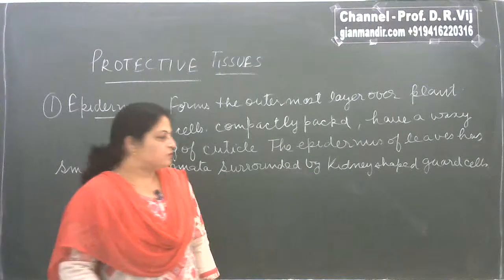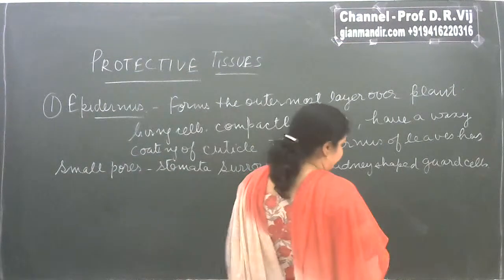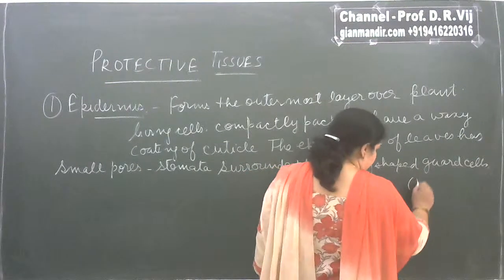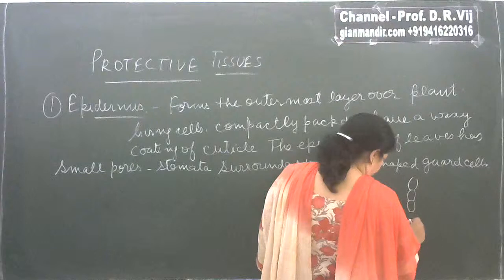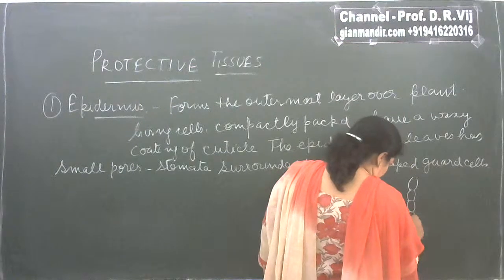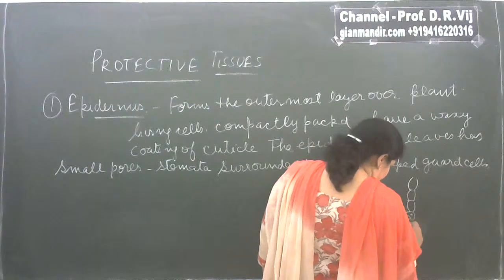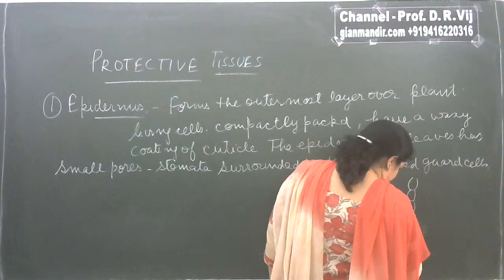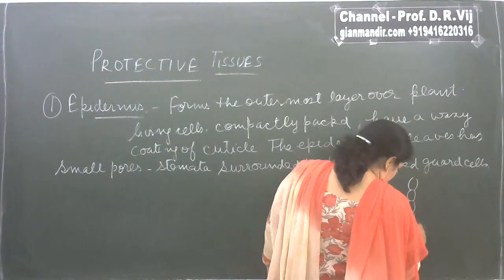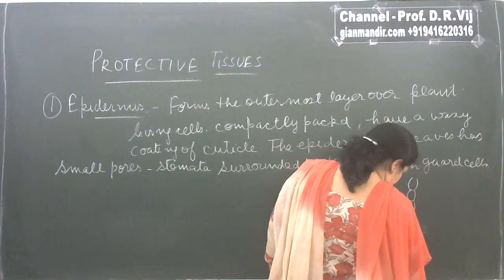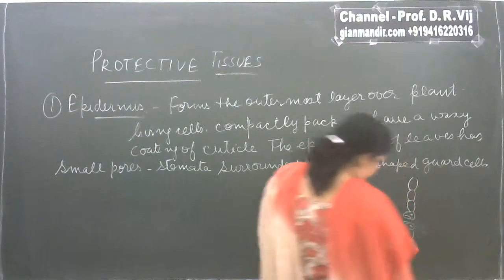So if you look at the lateral view of epidermis, here in epidermis you will find the compactly packed cells, and in those compactly packed cells there is a small opening, and this small opening is known as stomata.